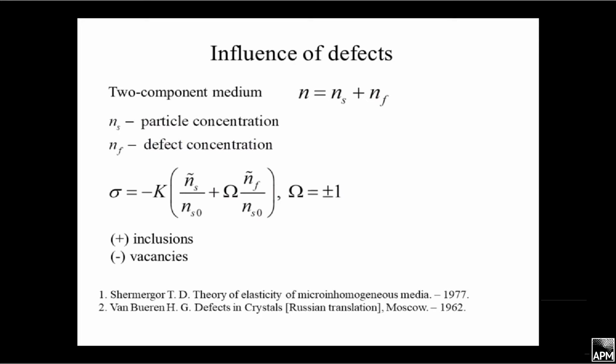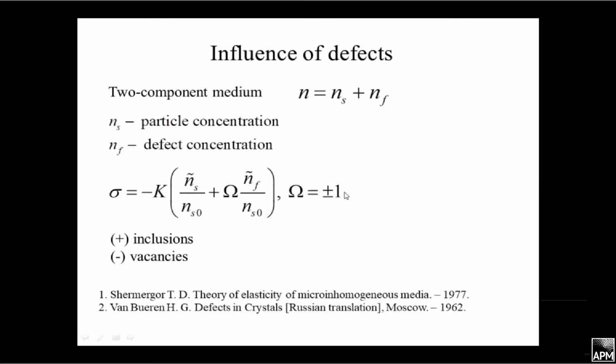One way of taking them into account is the usage of a two-component medium. According to this theory, we assume that the concentration of material in the region of defects is the sum of the density of pure material and the density of defects.